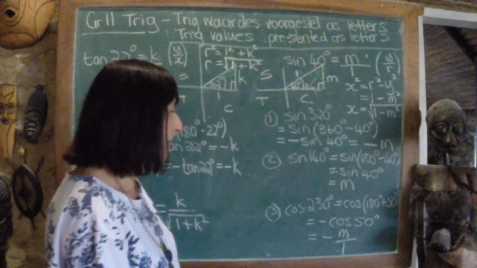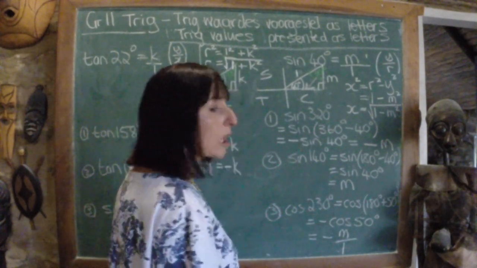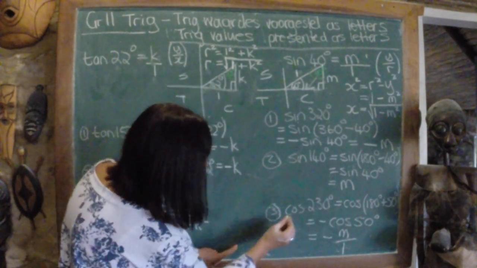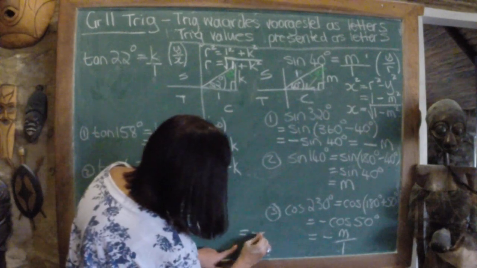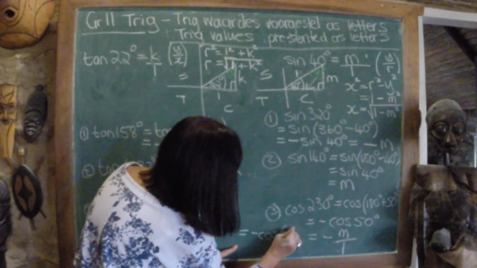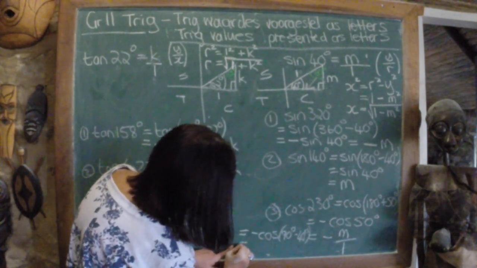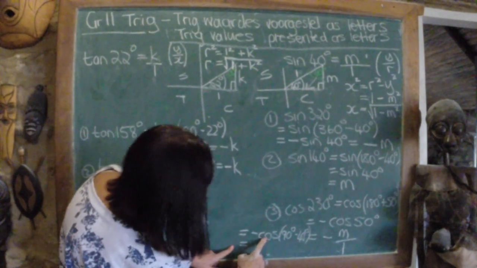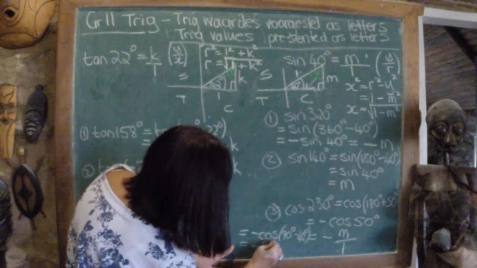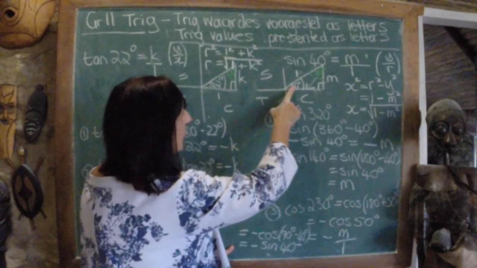So it's minus m. If that confuses you, use your co-function to change that minus cos 50 to 90 minus 40. That's going to give you the minus sin of 40, and then you can work from that angle.